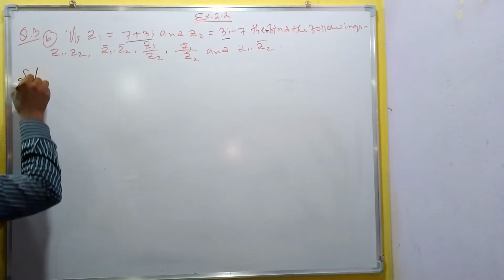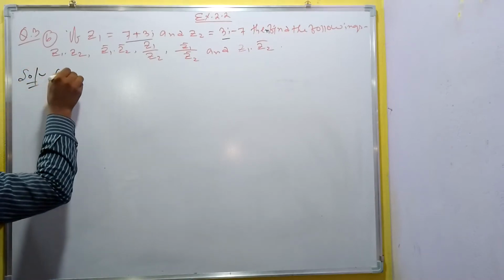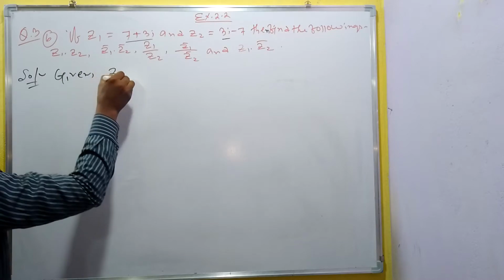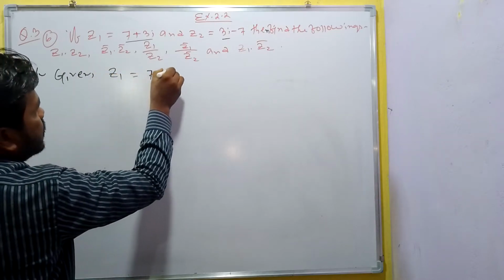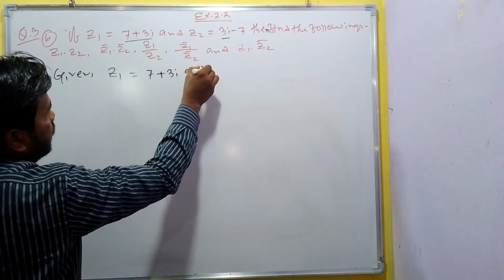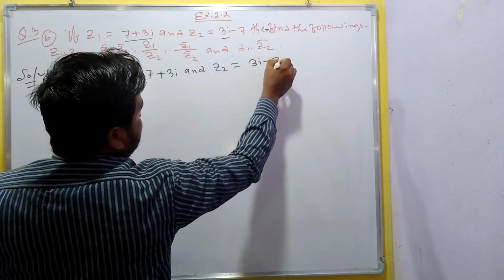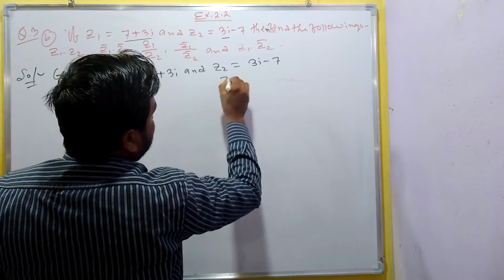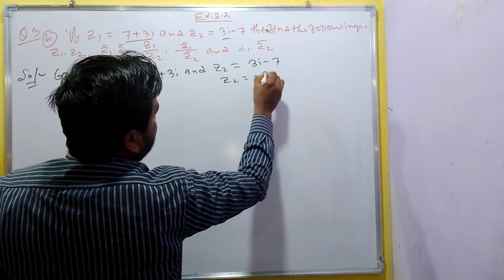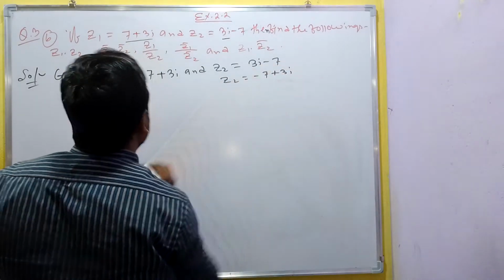Okay, solution: given z1 equals 7 plus 3i and z2 equals 3i minus 7, you have to write z2 equals minus 7 plus 3i.